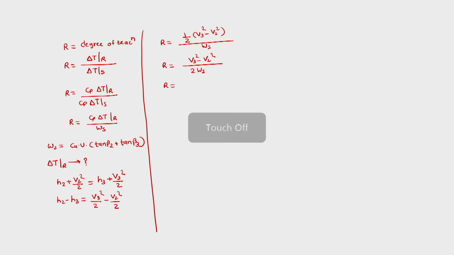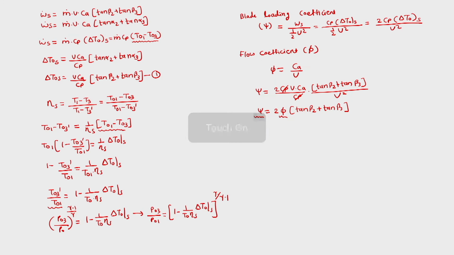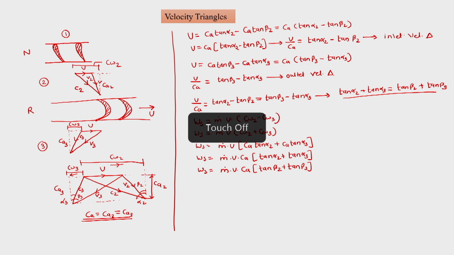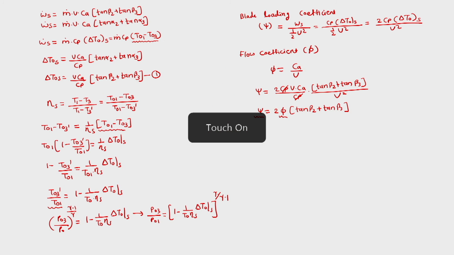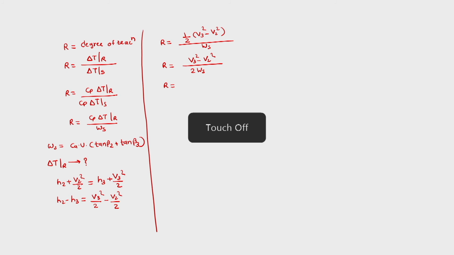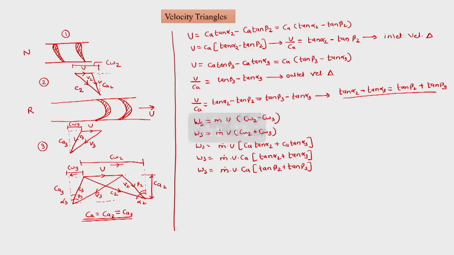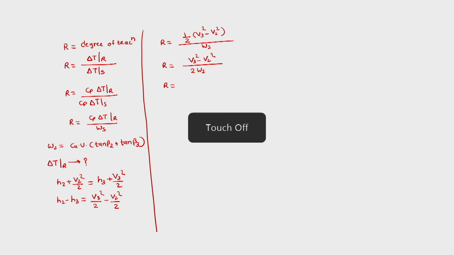So from the velocity triangle, V3 can be written as Ca sec beta 3, and V2 can be written as Ca sec beta 2. So these are the expressions for V3 and V2.